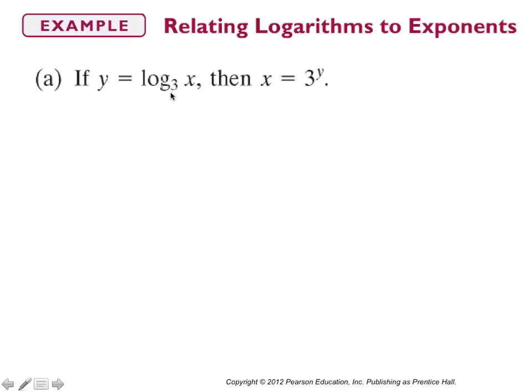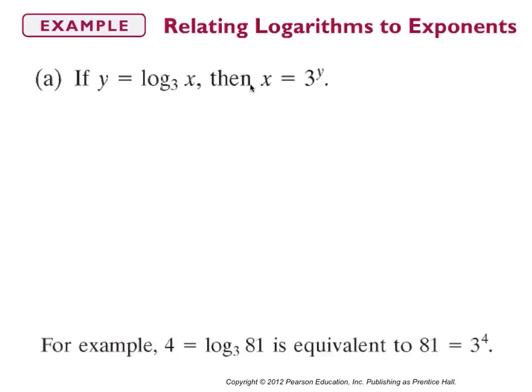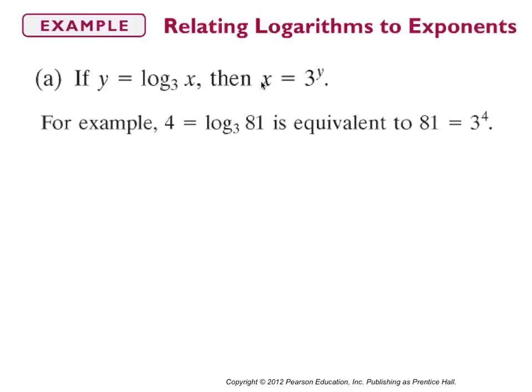So it goes base to the number that was by itself, and that's equal to the number that wasn't by itself before. So x equals 3 to the y. For example, 4 equals log base 3 of 81 is equivalent to saying that 81 equals 3, because that's our base, to the 4th power, because that was by itself. We know 3 to the 4th power is 81, so this is an equivalent statement.